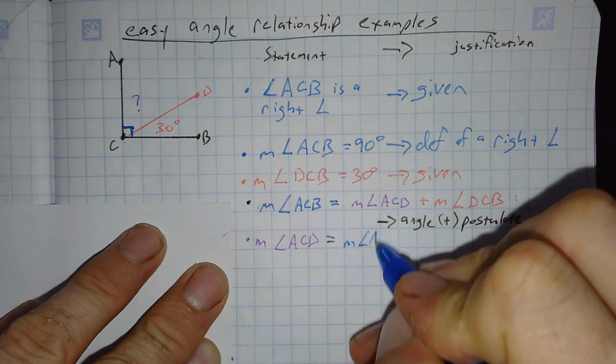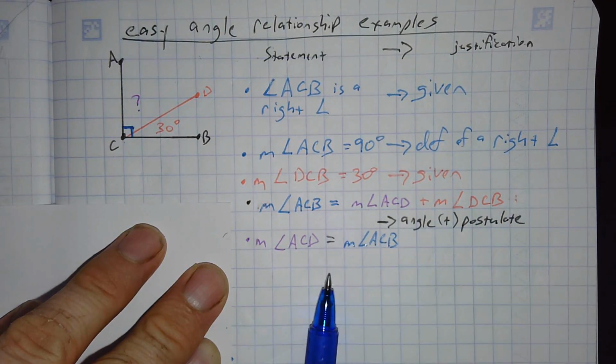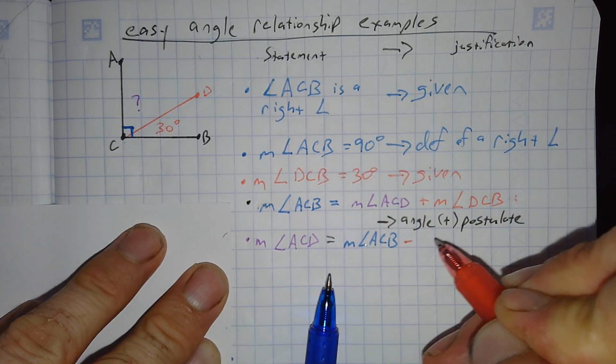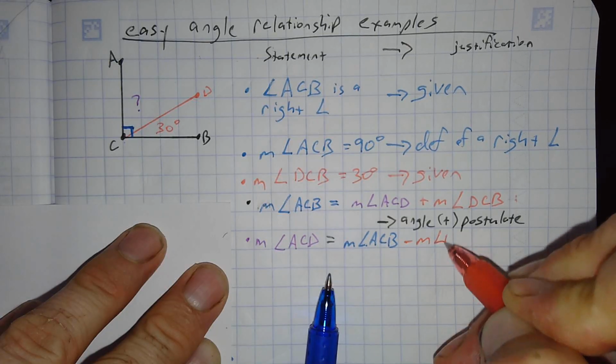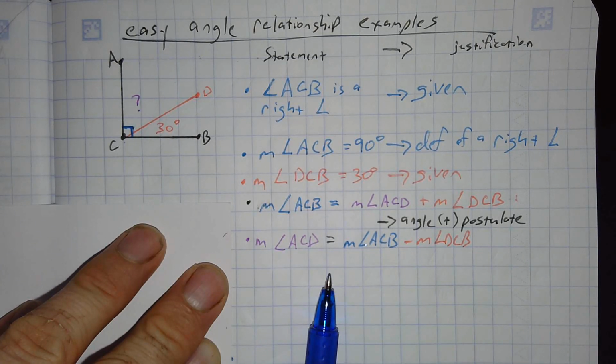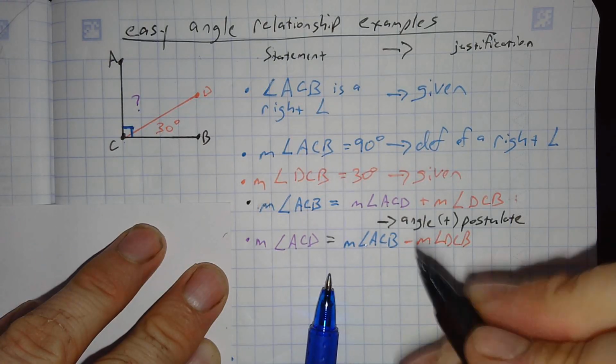It's plus on one side, so it's going to be minus on this side. And why can I say that? Well, that's algebra.